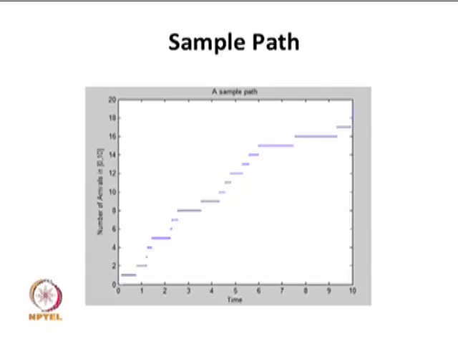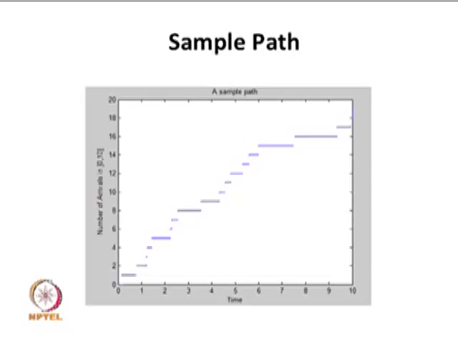So, this is one sample path, in which over the time from 0 to 10 the number of arrivals occurs in the interval 0 to 10. That means one arrival occurs at this time, therefore the N of t value is incremented by 1 and it keeps the same value, and when the second arrival occurs the increment is by 2 and so on.